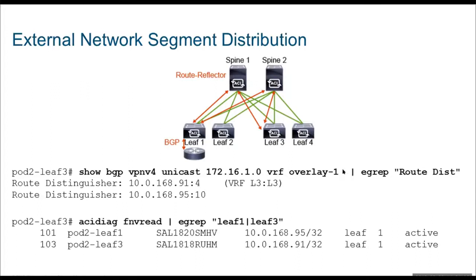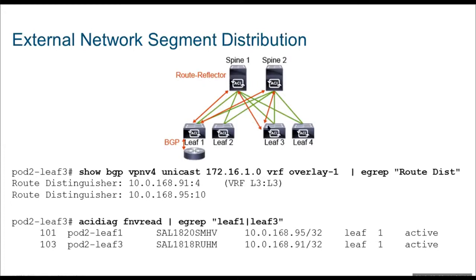So here actually shows you an example of this segment, 172.16.1.0. It's been redistributed into this VRF here. And of course, your border leaf is going to receive it and then redistribute it into your route reflector.